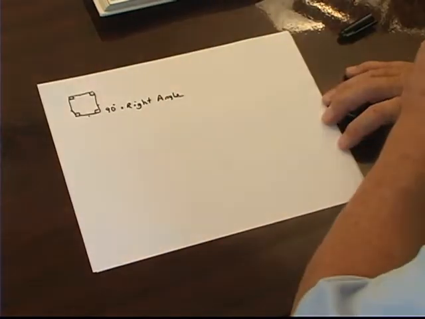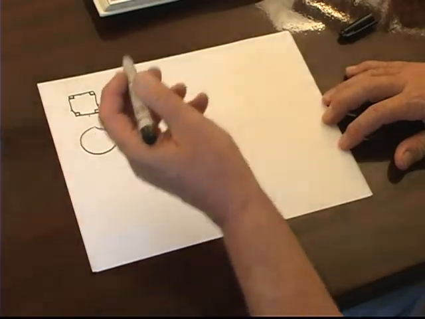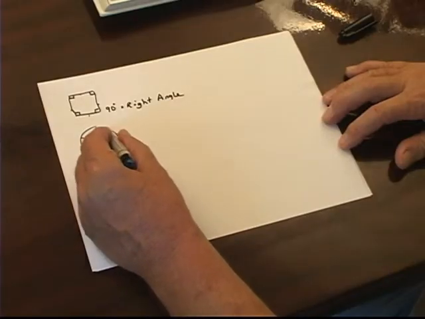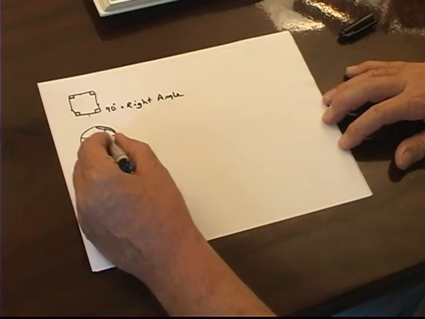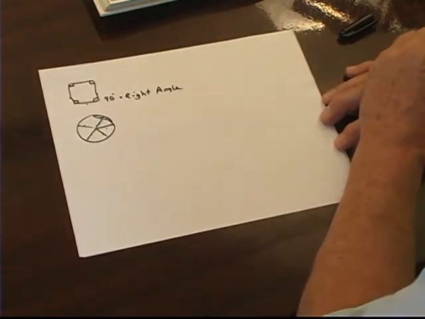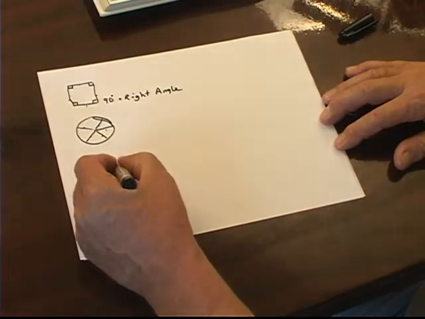That's the square. Then, of course, you know that you have a circle. Not a very good circle, but a circle. And a circle is supposed to be, from the center point, all these are the same distance. That's a circle.